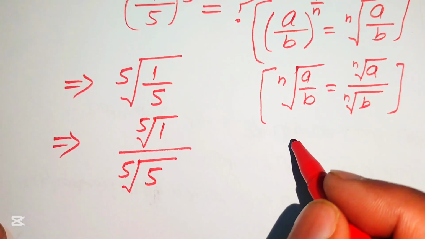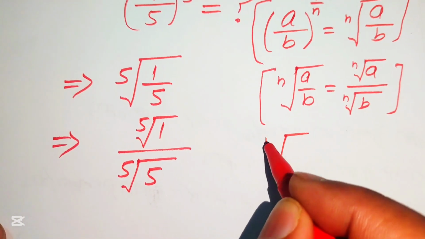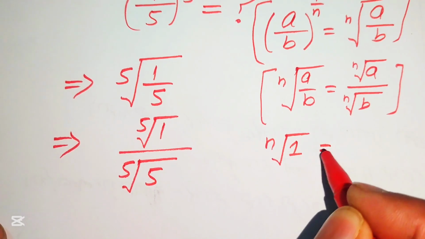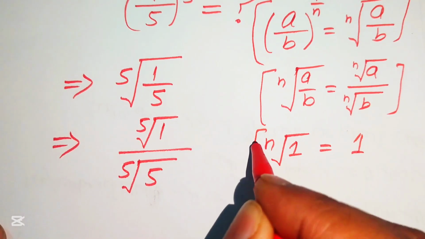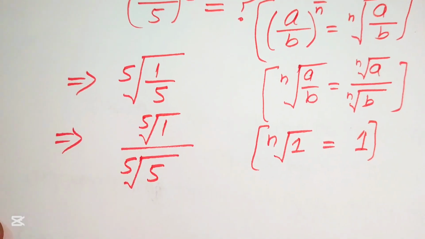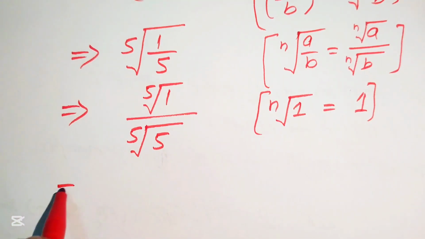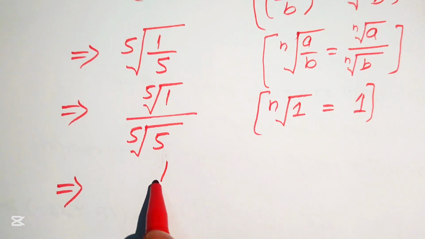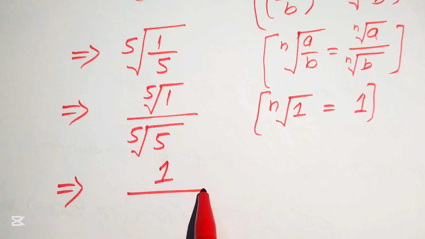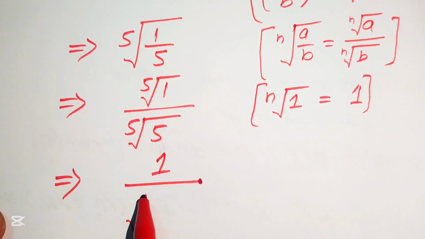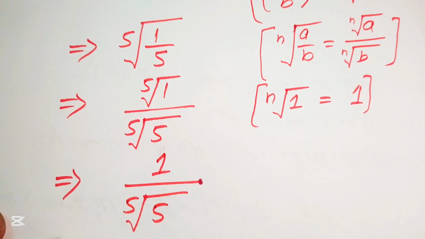We know that the nth root of 1 is equal to 1 only, so the fifth root of 1 is also equal to 1. So we get 1 divided by the fifth root of 5.